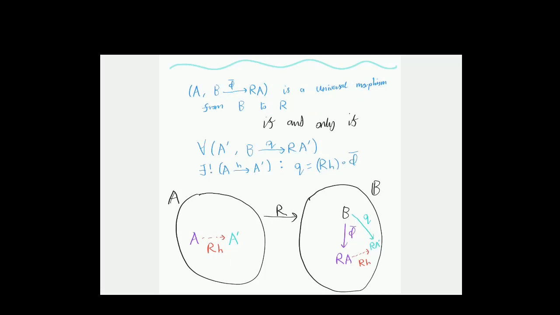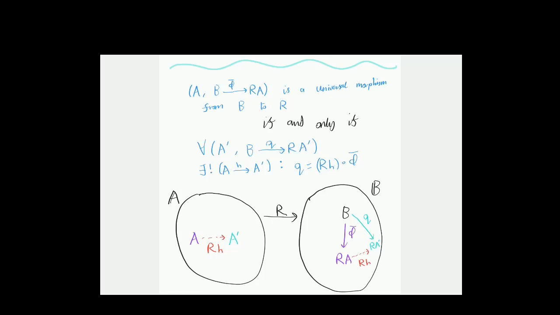So what is it? Well, it's a pair of an object A of script A and an arrow from B to R of A. And I'm going to call this arrow phi bar today. And this has to have this special universal property.